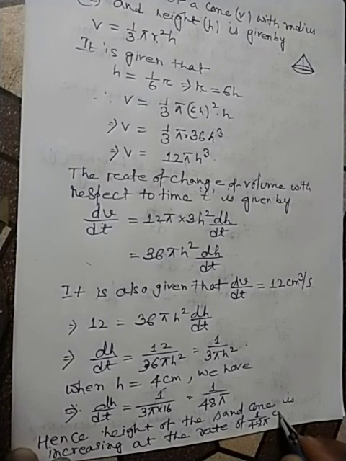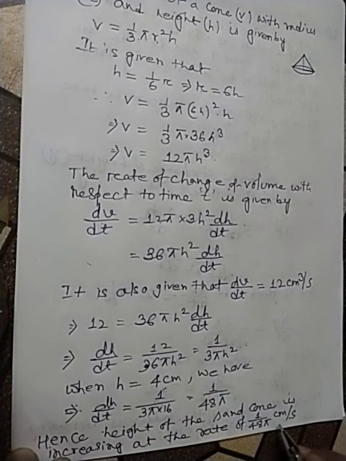For height we take centimeter, and for time we take second, so 1 by 48 pi centimeter per second.